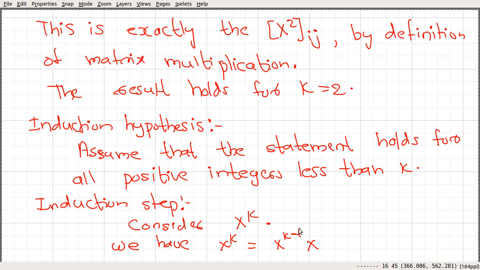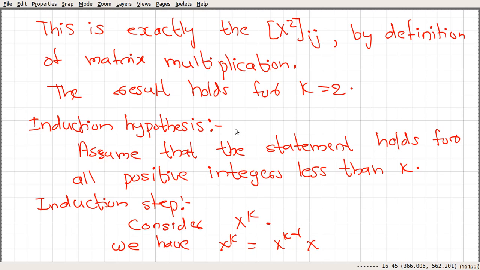Okay, so we can do the multiplication in this order. Now we can use our induction hypothesis on this part. So this matrix is the k minus 1 power of the adjacency matrix. So we assume that the statement holds for all positive integers less than k. So that says we can use our induction hypothesis here.